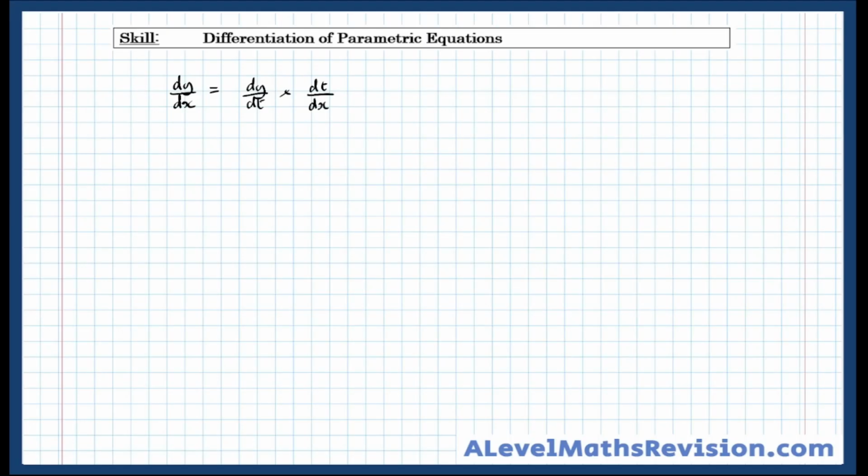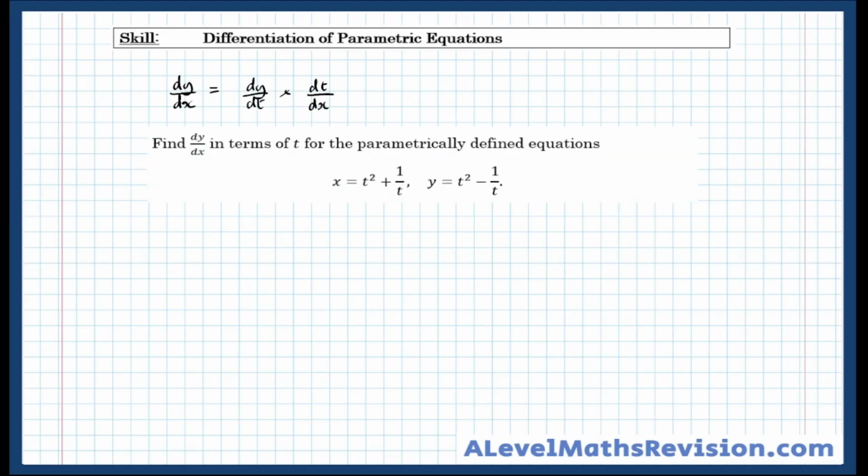So let's get straight into an example for this. Find dy by dx in terms of t for the parametrically defined equations x equals t squared plus 1 over t and y equals t squared minus 1 over t. So firstly, what we're going to do is write the expressions for x and y in terms of t in a differentiable form.